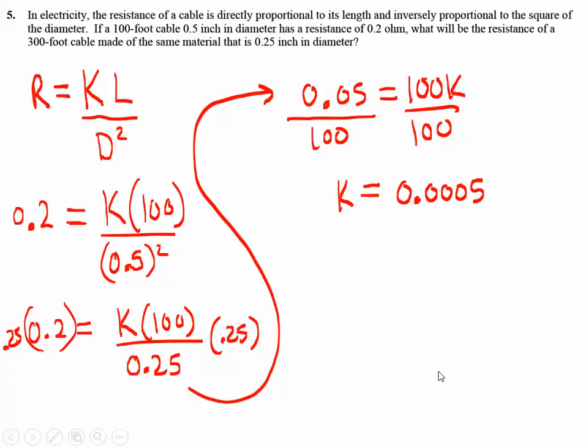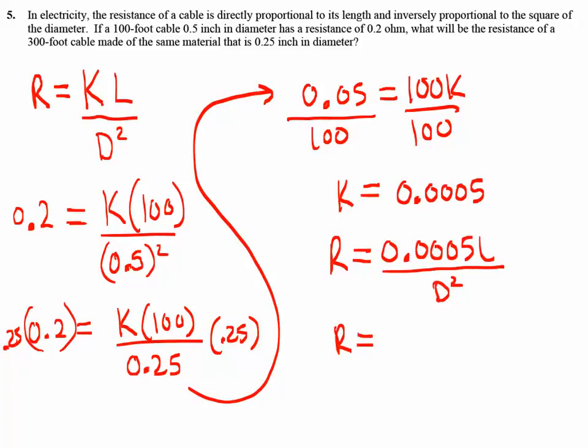Alright, let me set up the problem here again. So R is equal to 0.0005 L over D squared. And so the resistance would be 0.0005, that's a 300-foot cable, and it's half as thick. So you got to calculate that for me.